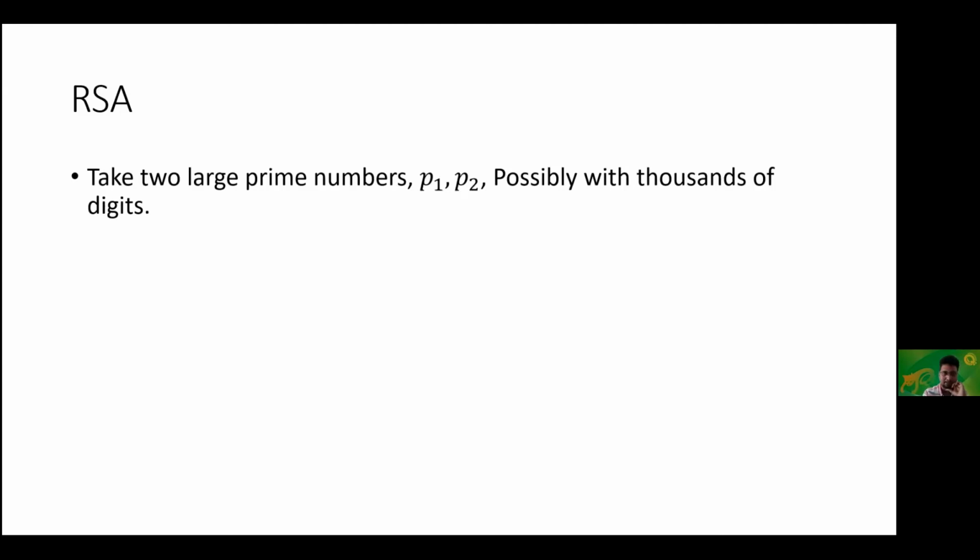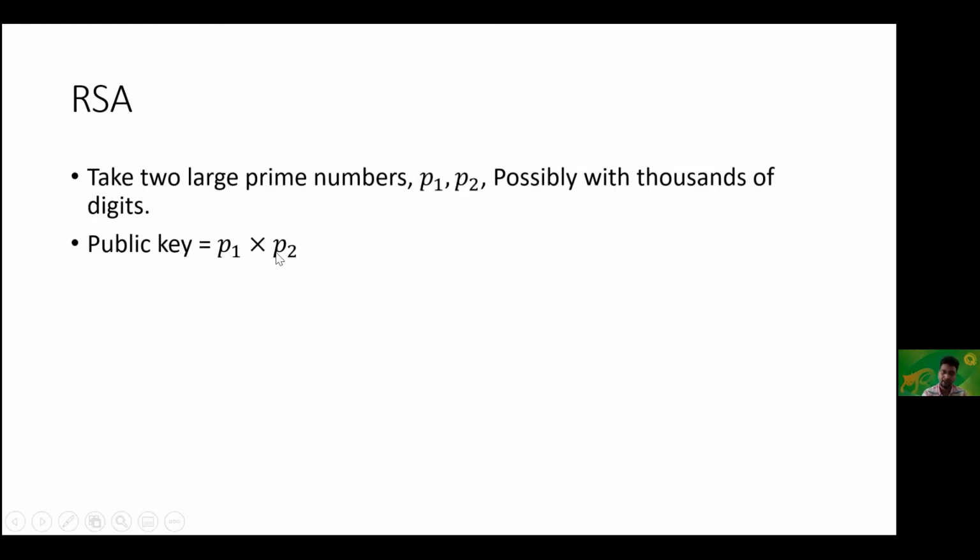Anytime you make a credit card payment or log into your website, Facebook, or email address, it uses RSA. So how it works is that the website that wants to publish their public and private key generates two prime numbers secretly, P1 and P2, and these prime numbers are very large. They have thousands of digits, and then they multiply these two numbers.